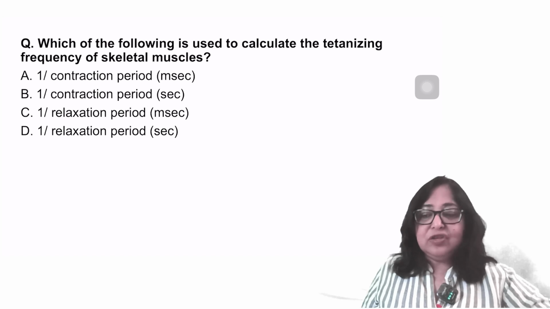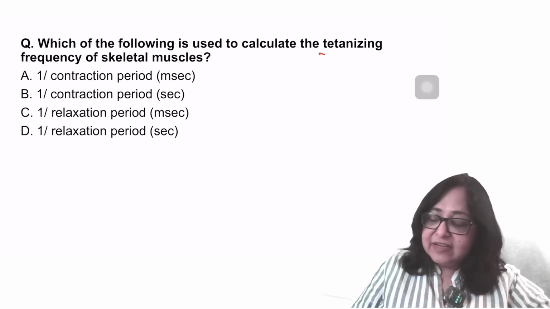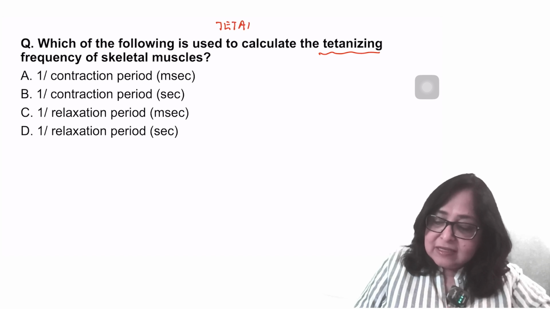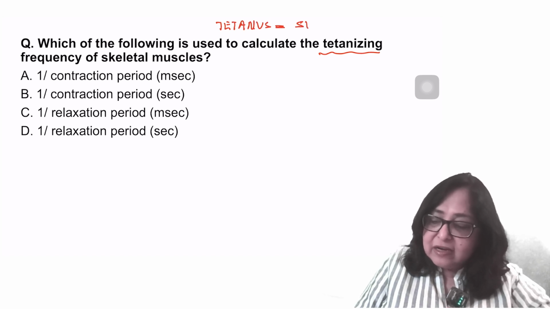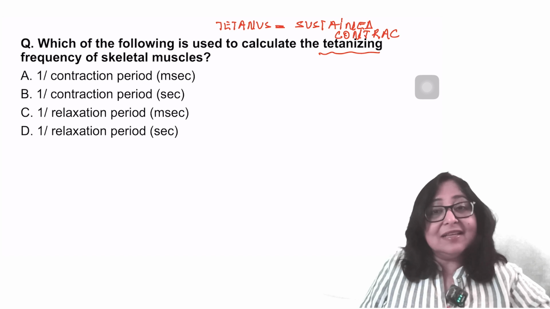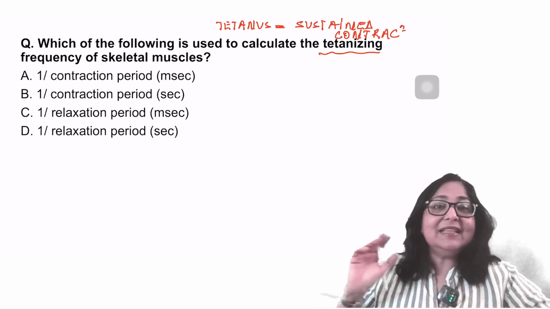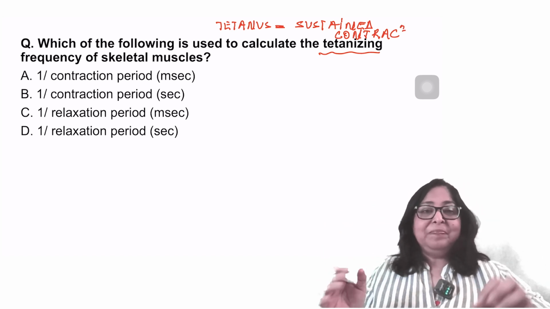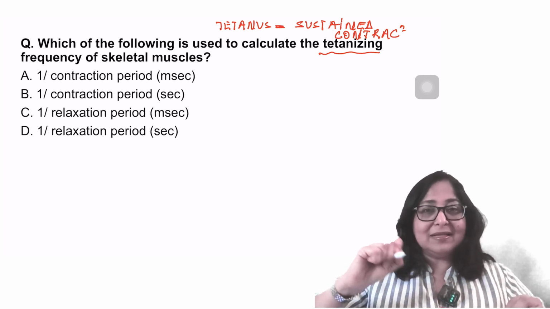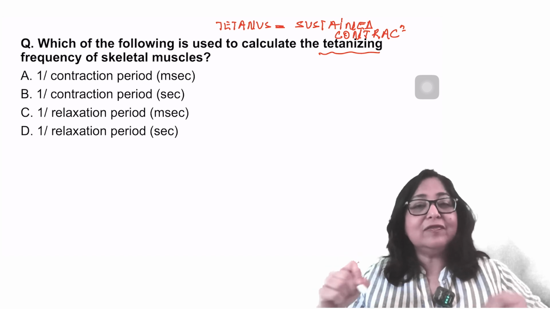Which of the following is used to calculate the tetanizing frequency? Now, what is tetanizing? What is tetanus? Tetanus is a state of sustained contraction. It is different from tetany. We discussed hypocalcemic tetany yesterday. This is tetanus. For example, when you are making your notes, your small muscles of the hand are in a state of sustained contraction.